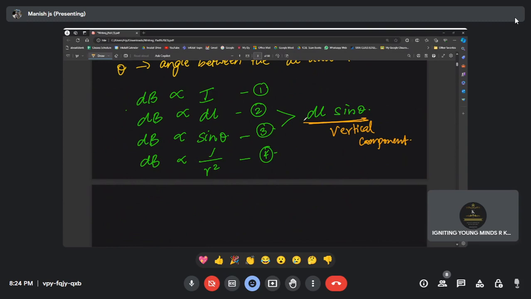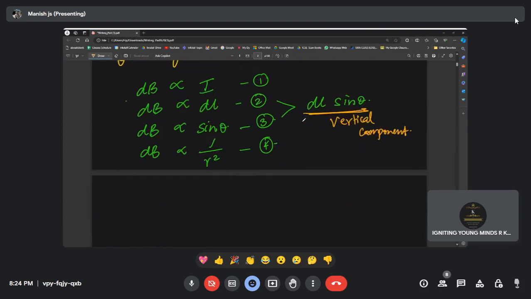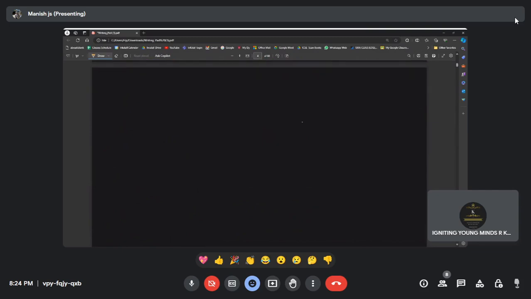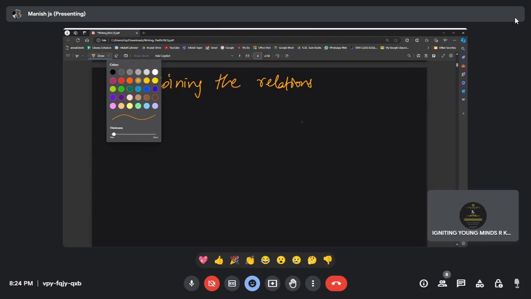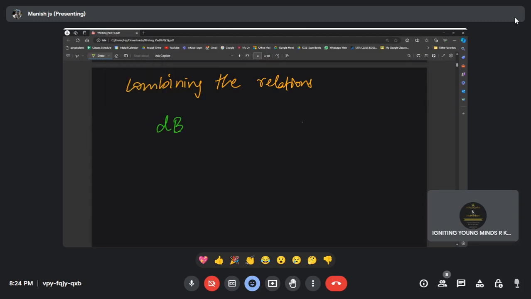Having these relationships in mind, you combine all of these. Combining the relations, what can we arrive at? We can say that the magnetic field strength dB is proportional to the current I, directly proportional, so everything you write in the numerator: I times dl sin theta upon r square. This is what you get.